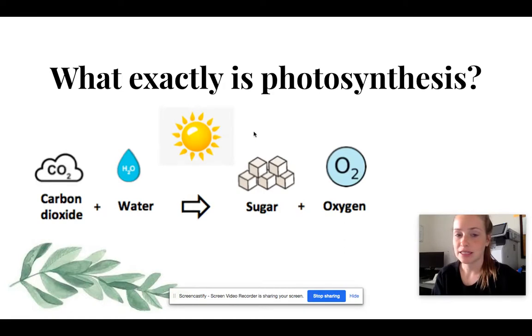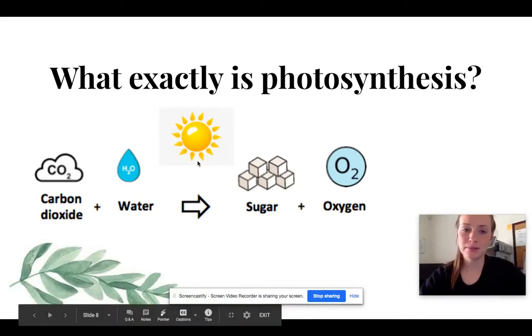Now we see that the sun here was required, so if it was nighttime, this could not happen. For carbon dioxide and water to turn into sugar and oxygen, we absolutely need the sunlight to provide the radiant energy that the plants need.